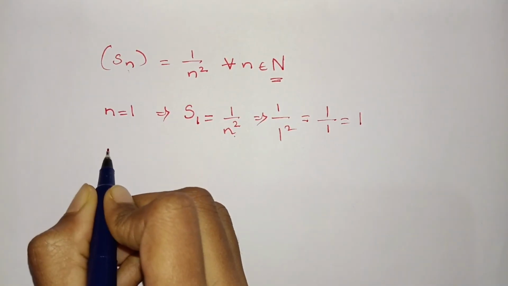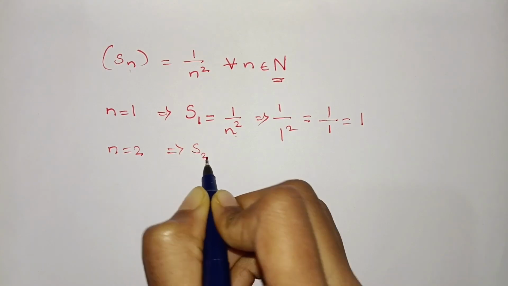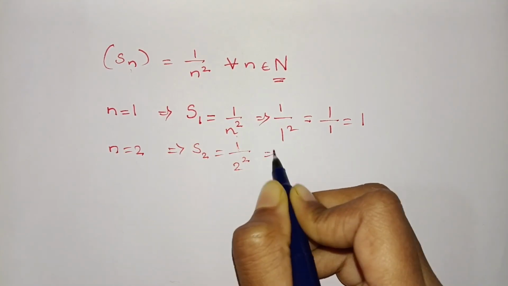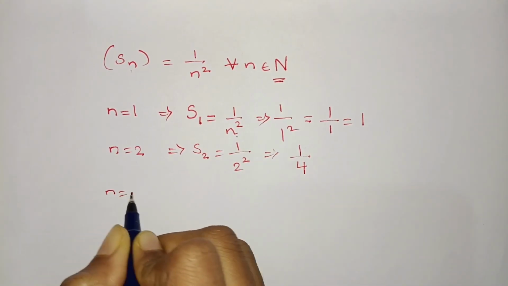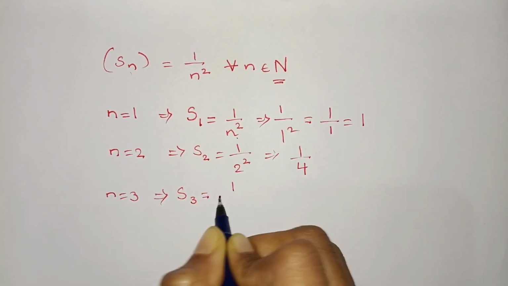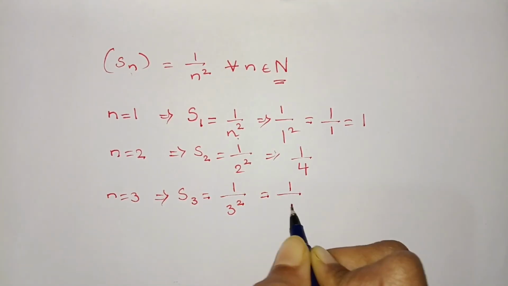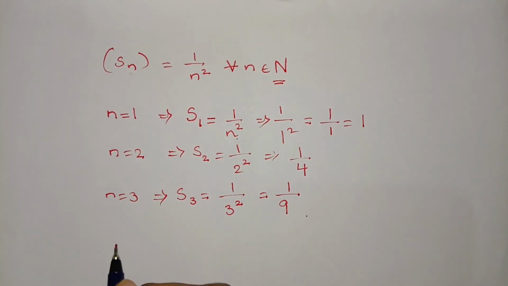And like that we need to substitute 2 also. So S2 is equal to 1 by 2 square, which means 1 by 4. And if n equal to 3, then S3 equal to 1 by 3 square, and 3 square is 9. So we need to keep all the values in brackets like this.